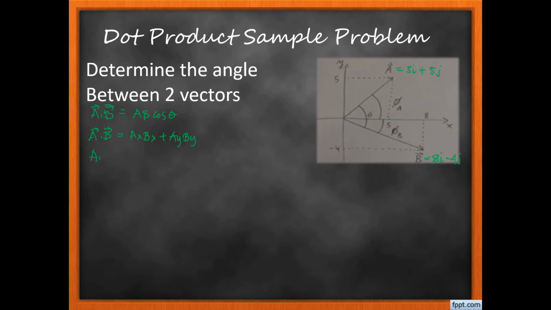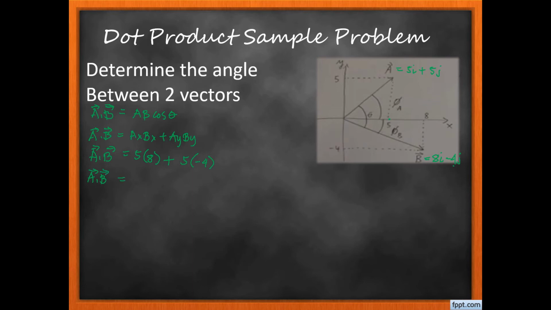So dito, yung A dot B natin is equal sa, meron tayong AX, yung AX natin is 5, and then yung BX natin is 8, plus yung AY natin is 5, multiplied by yung ating BY, which is negative 4. Okay, so meron tayong A dot B. No, siyempre, this is in Cartesian vector form. No?